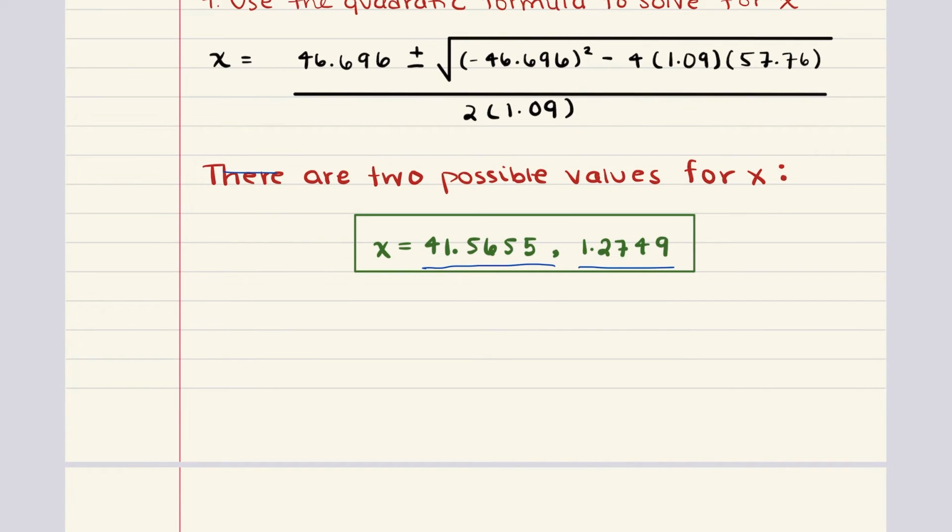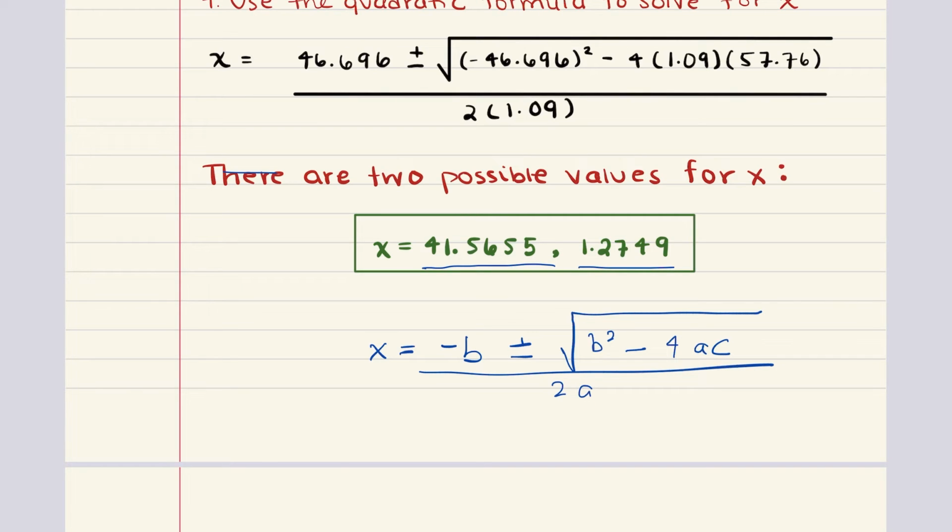The quadratic formula is used to find the values of x that satisfy a quadratic equation of this form. x is equal to the negative of b plus or minus the square root of b² - 4ac, divided by 2a.